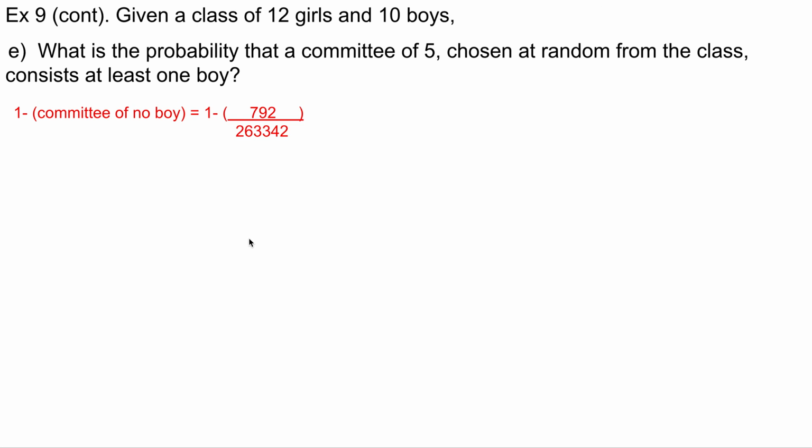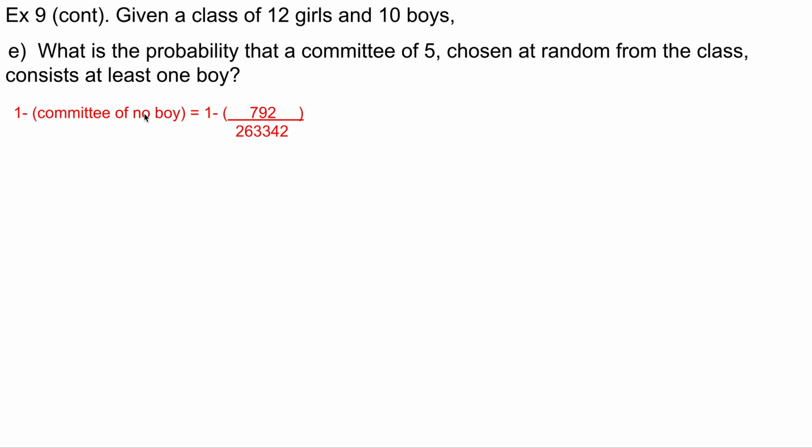Think about at least one boy, and look at my solution there. Why do I subtract the probability of getting a committee with no boys? Well, think about the complement of at least one boy.